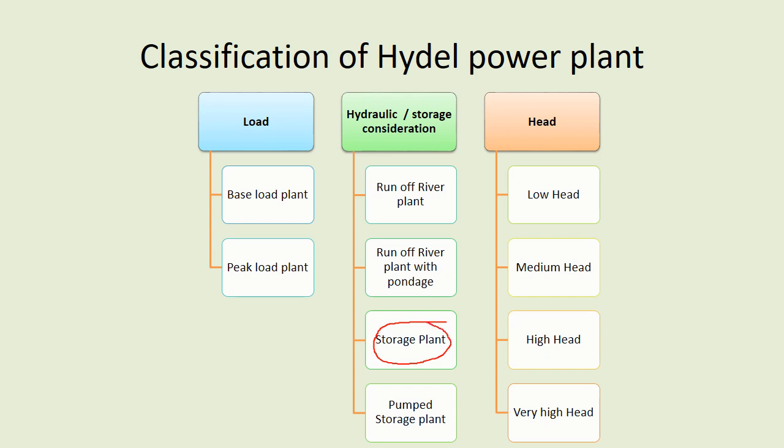Basically, we will be discussing all of these. First is the run-off river plant. As the name suggests, run-off means this plant runs only when there is a river.